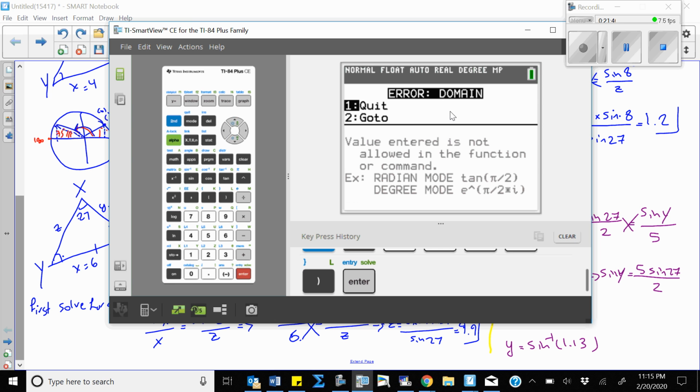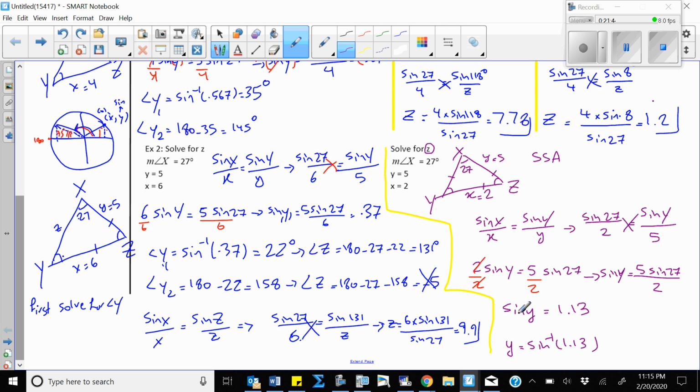As you see, we're going to get a domain error. Why does this happen? Because we know that the maximum value that a sine function can take is 1, not anything bigger than 1. This number is 1.13, which is not possible. So here I can say there is no solution. We can't solve this because the sine value cannot be any number bigger than 1.